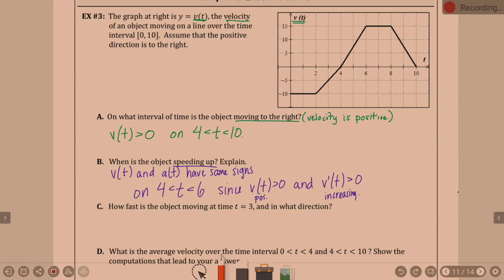How fast is the object moving at time t equal 3 and in what direction? Speed.